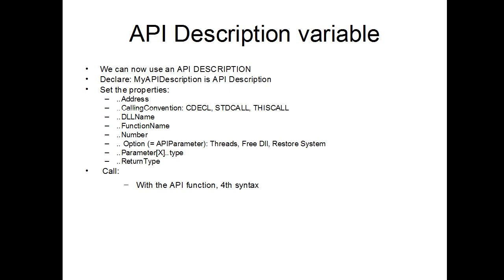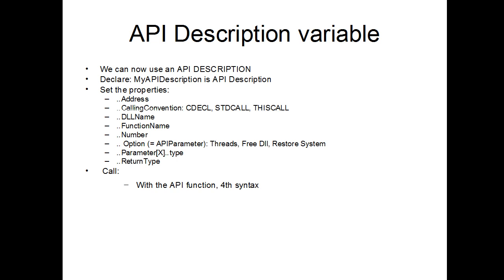And then after the my API description, you would have as many parameter values as this function needs, because with the dot parameter at dot type, you are just setting the type of the parameter, not the content. The content is in the call. So that would be the API function.